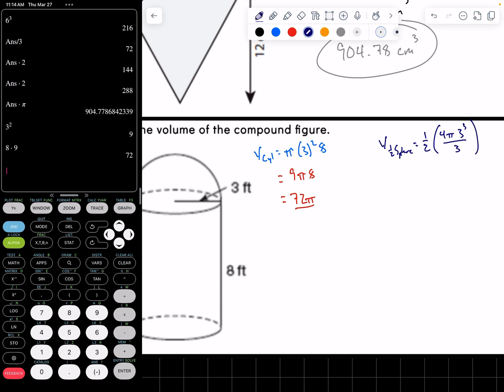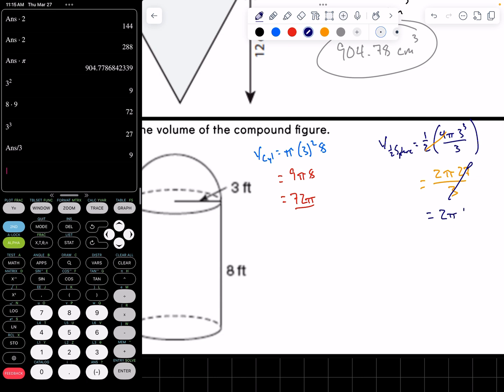So we end up with 2 pi, 3 to the third power is going to be 27 over 3. And then 27 divided by 3 is 9.